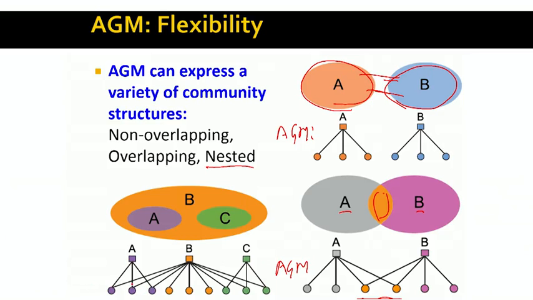The nodes at the bottom, every node is a member of the community B, but then some subset of them is also a member of A, and another subset is a member of C. So this way, we nicely model the hierarchical structure of the network. So basically, the bottom line is that this model for generating networks is very flexible. And if somebody gives us the structure of this bipartite graph, this affiliation network below, we are able to generate the network.